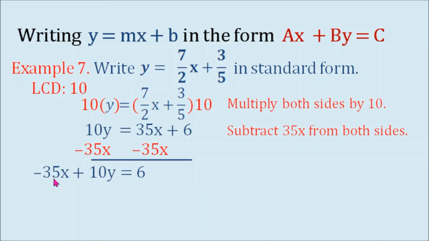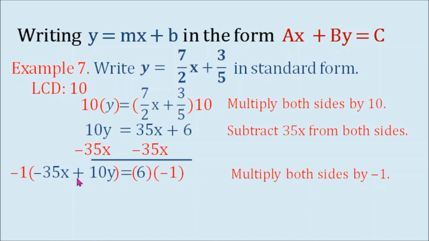To make this -35 positive, we can either divide both sides by -1 or multiply both sides by -1. Multiplying both sides by -1 changes the signs of all our terms. This means our answer is 35x - 10y = -6.